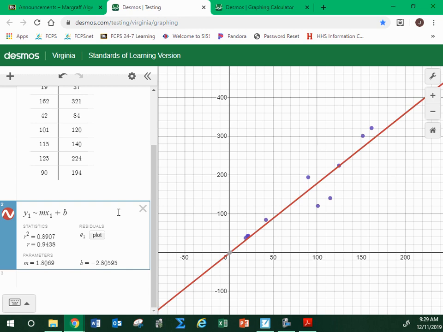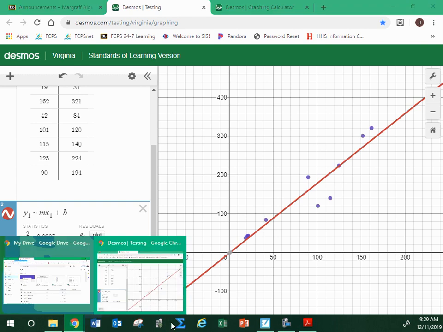For right now, you don't need to worry about what that means. What we're looking at is they told us what the slope is, and they told us what our B value is. So we see our slope is 1.8, and our B value, our y-intercept, is negative 2.8. We'll just round to the nearest tenth. Again, it told us what our slope and our B value are.